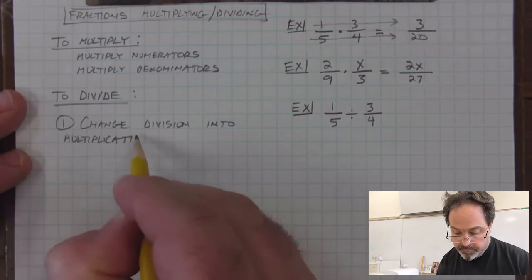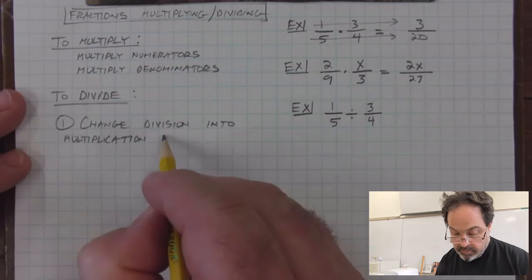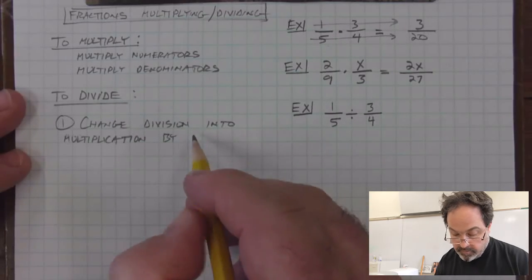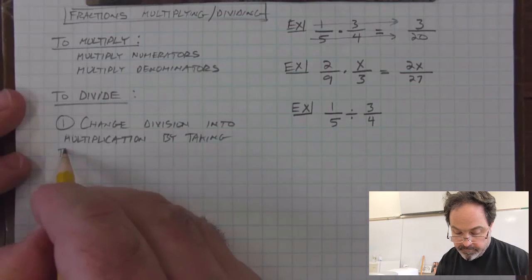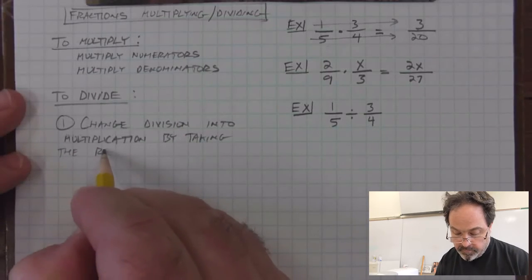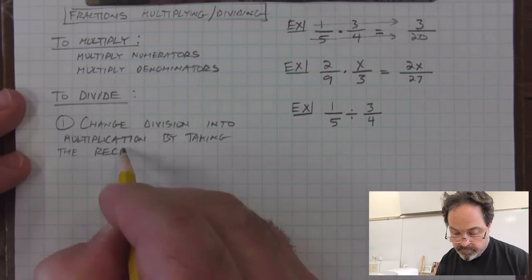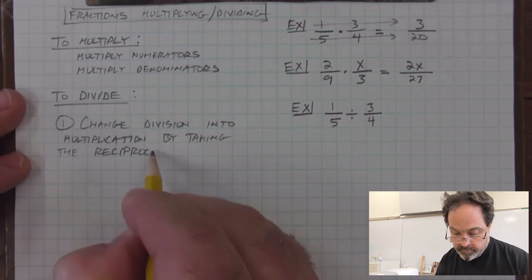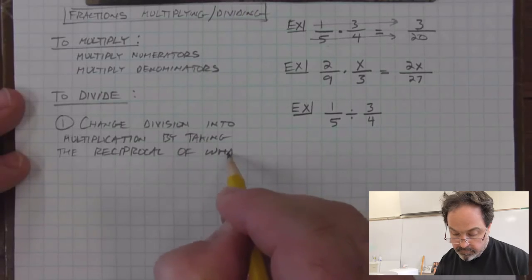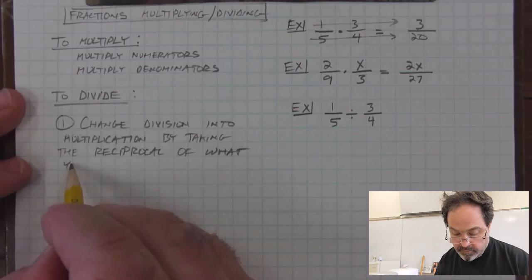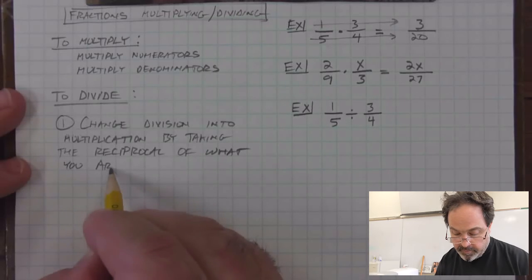How do we do that? By taking the reciprocal of what you are dividing by.